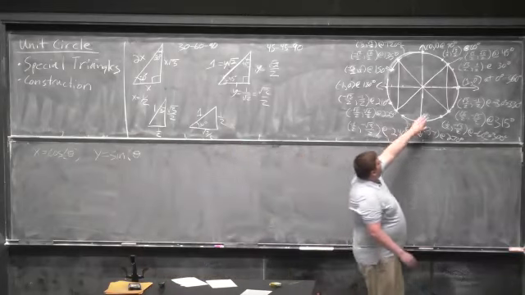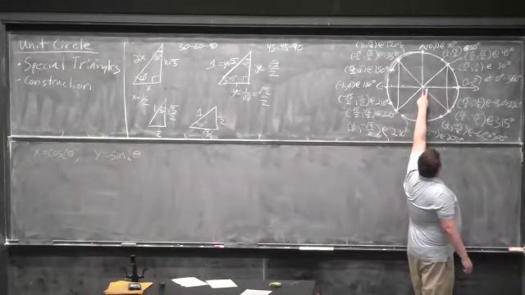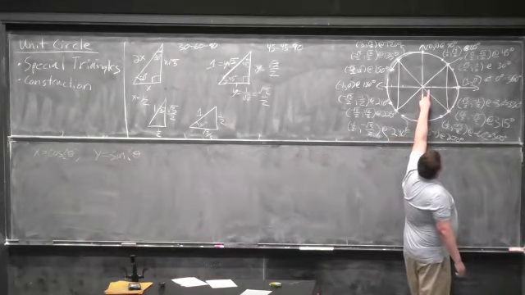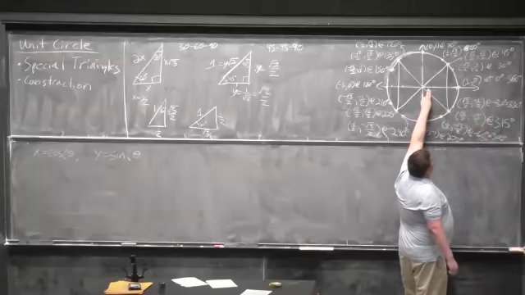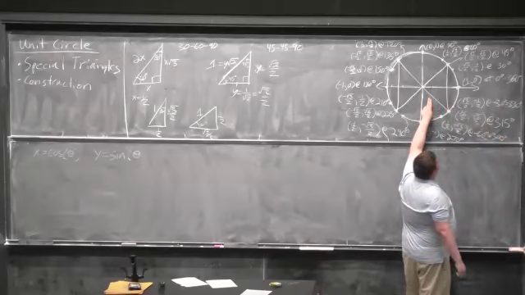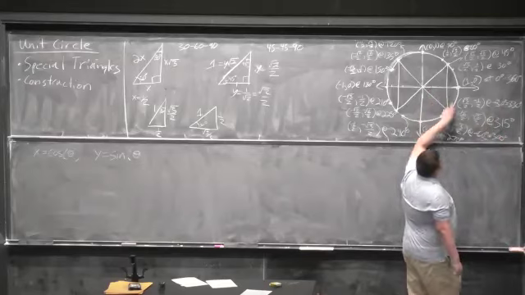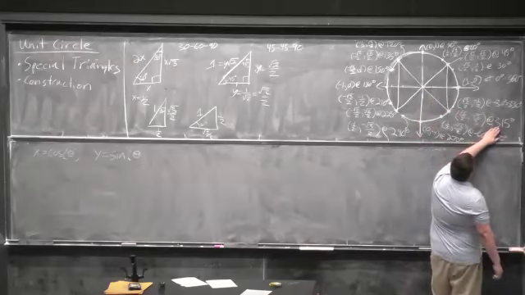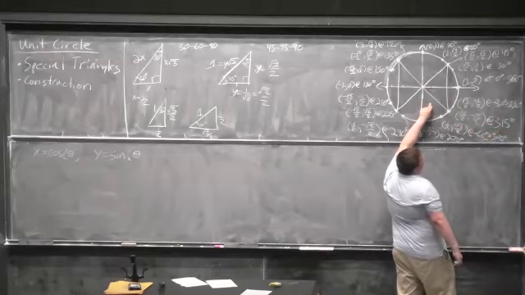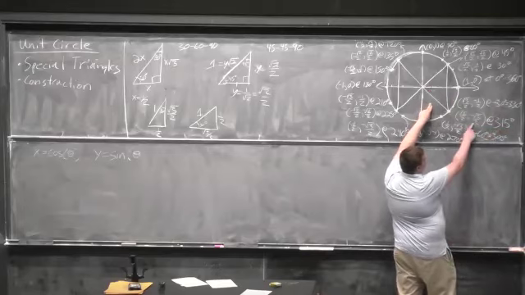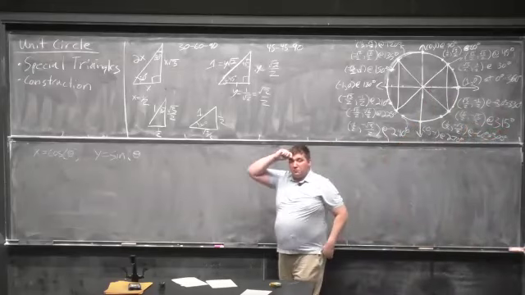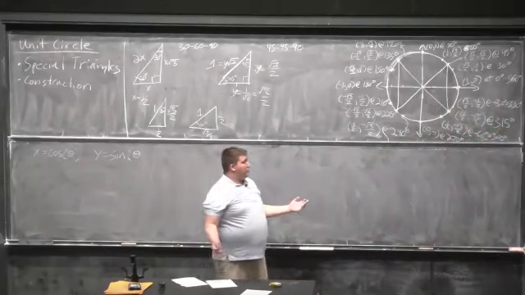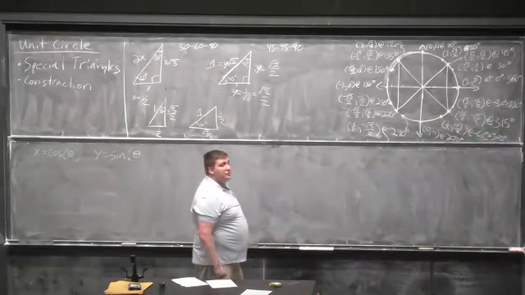If I look at this triangle here and I want to take the sine of this angle, which is negative 45 degrees, or 315, it's the opposite over hypotenuse. The opposite is negative square root 2 over 2, and the hypotenuse is always 1. So negative square root 2 over 2, divided by 1, is negative square root 2 over 2.